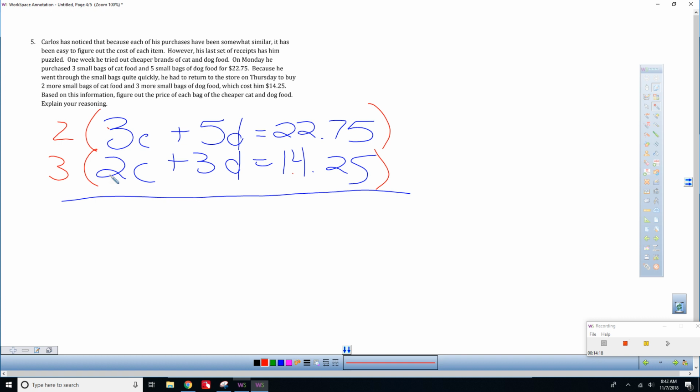So, let's write that one here. What do you get for the resulting equation? You get 6B plus 10. What's 22.75 times 2? Okay, now, let's put that one there.